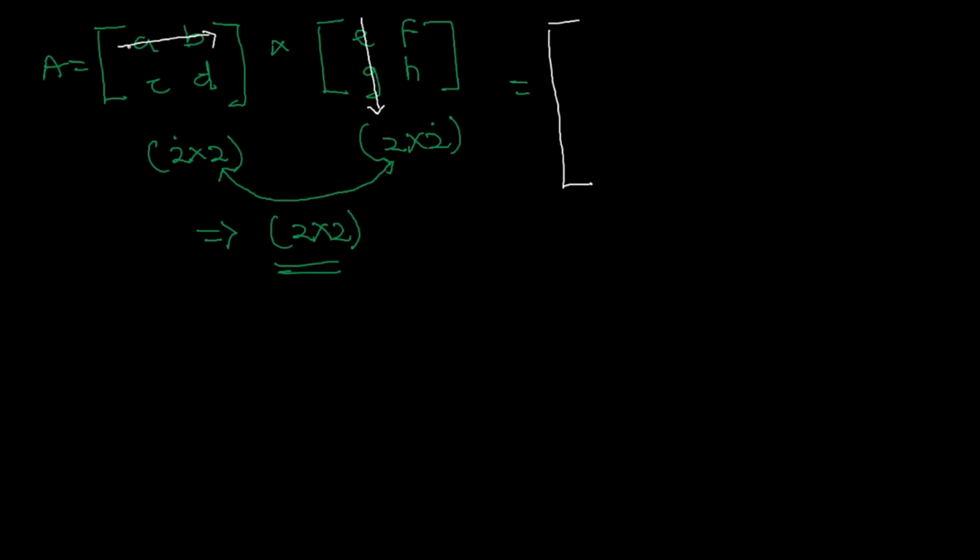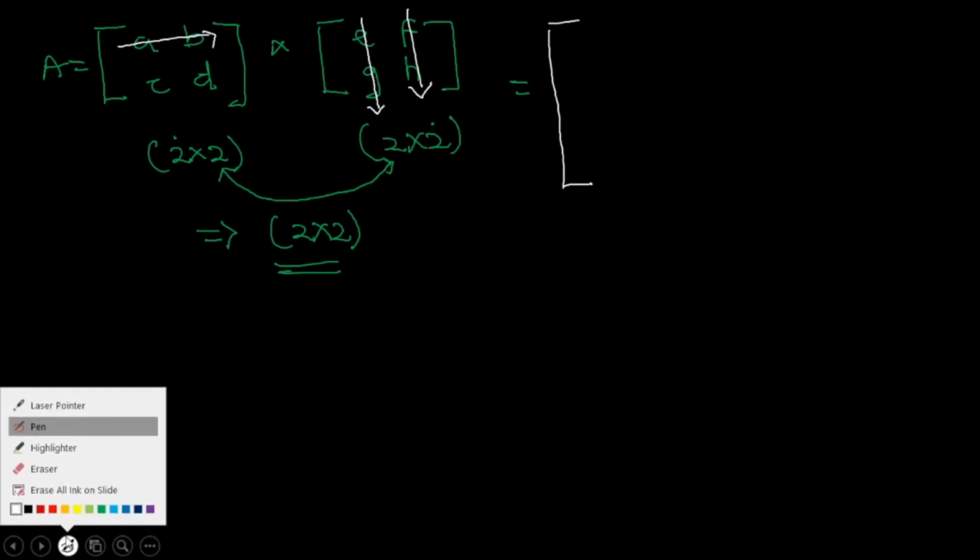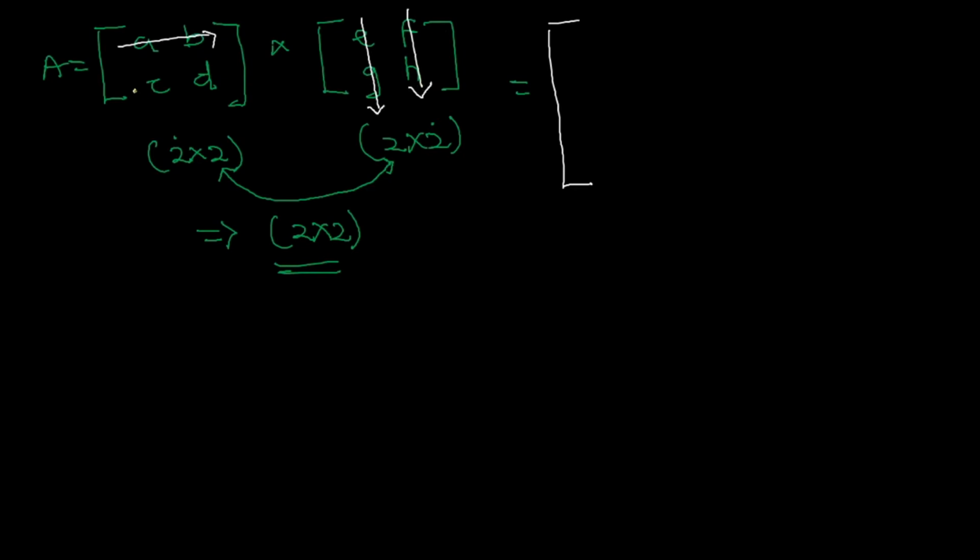Then the same row multiplies the second column. Then we come back and use the second row to multiply the first column, and then the second column as well, to get our answer.